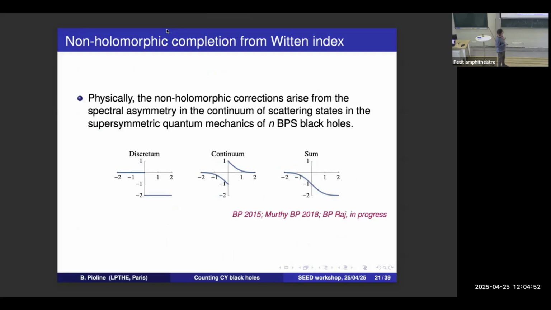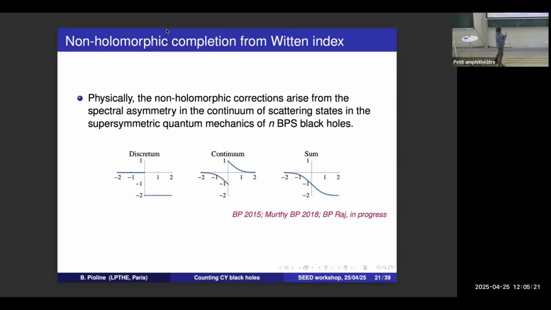The physics of it is that you look at the quantum mechanics of these two-centered bound states. It's somewhat like the hydrogen atom. There will be some set of bound states which exist only on one side of the wall, so they contribute to the index like a step function: in that case, -2 on one side and 0 on the other side.